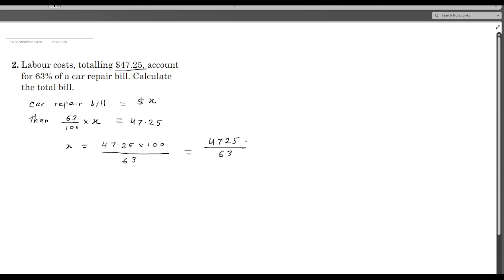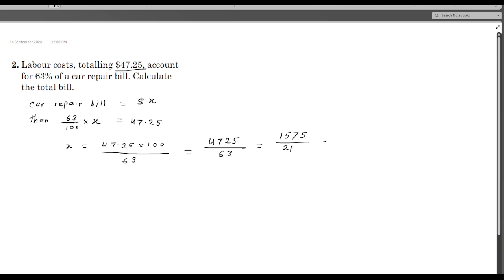4 plus 2 is 6, 7 plus 5 is 12. Okay, so both are divisible by 3. So let us divide by 3. 3 1 the 3, 3 5 the 15, again 3 times 1 is 3, then 117, 3 5 the 15, so 1575 divided by 21.